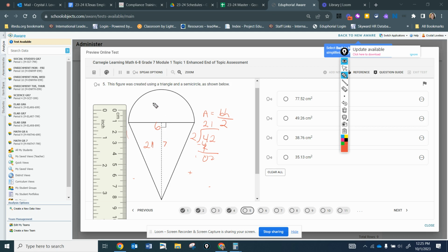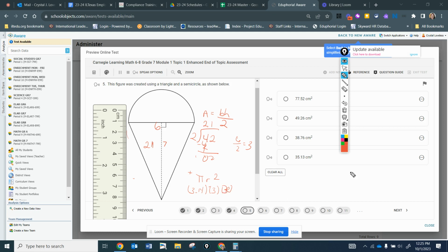Now I've got to figure out my half circle. I have to turn this diameter into radius because radius is what we use for pi r squared, the area of a circle. So I'm going to turn that into radius, and 6 divided by 2 equals 3. So my radius is 3. So 3.14 times radius times radius.